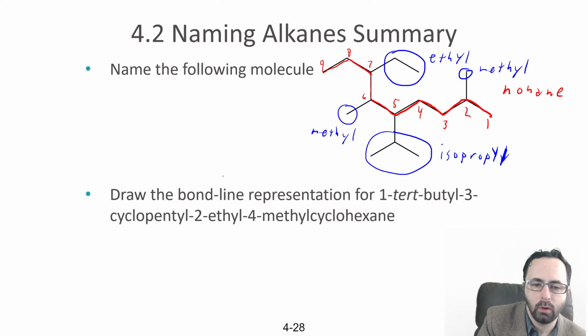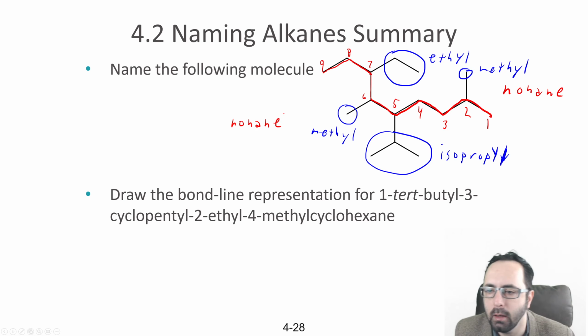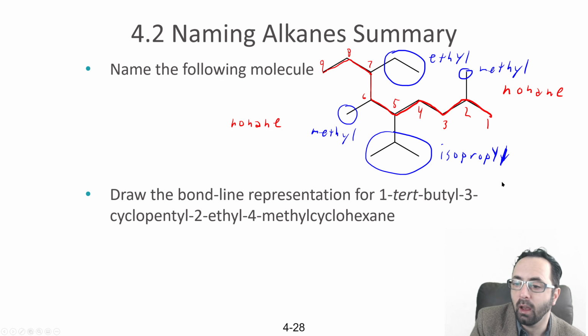And so in terms of writing the name now, we're going to end the name with nonane. That's the parent. Okay. And now we're going to alphabetize these. So the i does count in isopropyl.